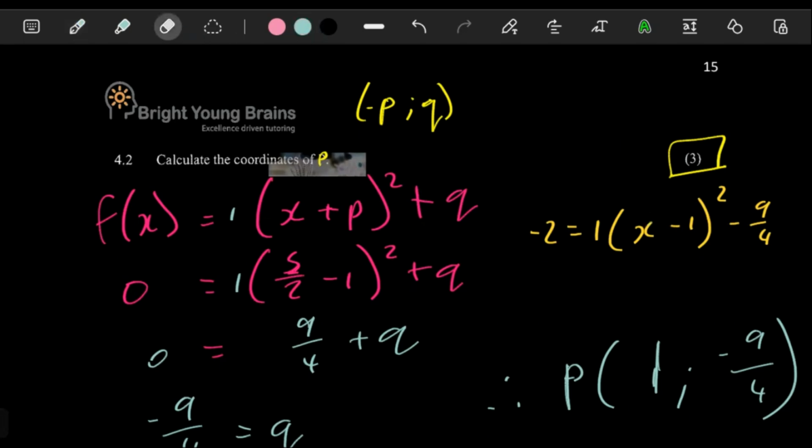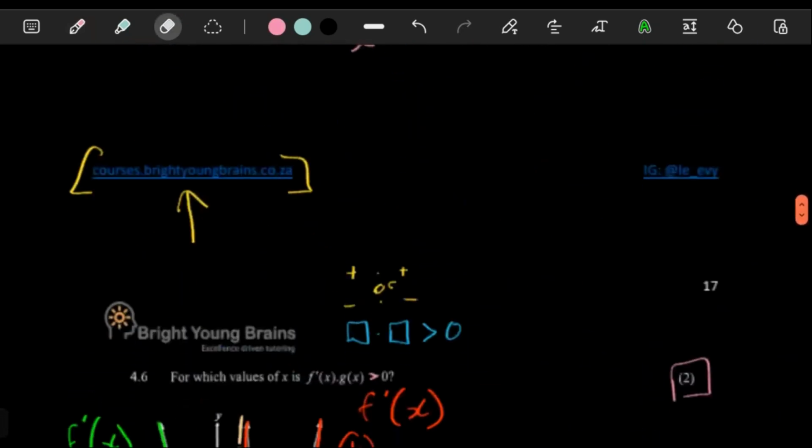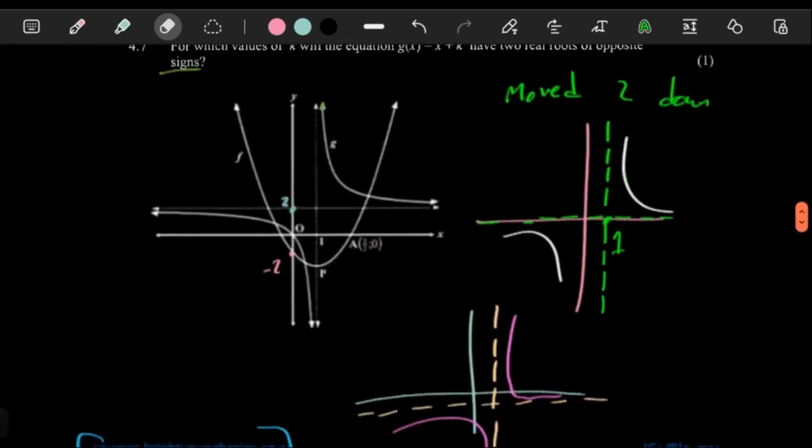Let's just see if the equation balances out. If x is a 0 here, it doesn't balance out. Whichever way, this question doesn't make sense. Well, maybe it's just me.